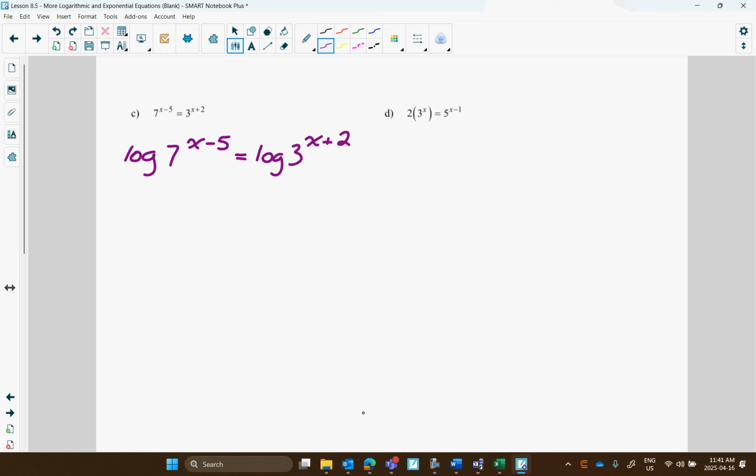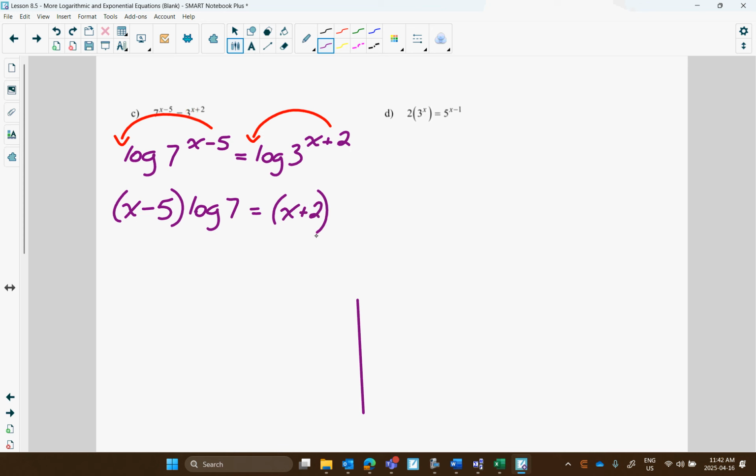Log 3 also on this side. Okay. Now what? You have to bring those exponents in front of the logs on each side, in parentheses. Good.